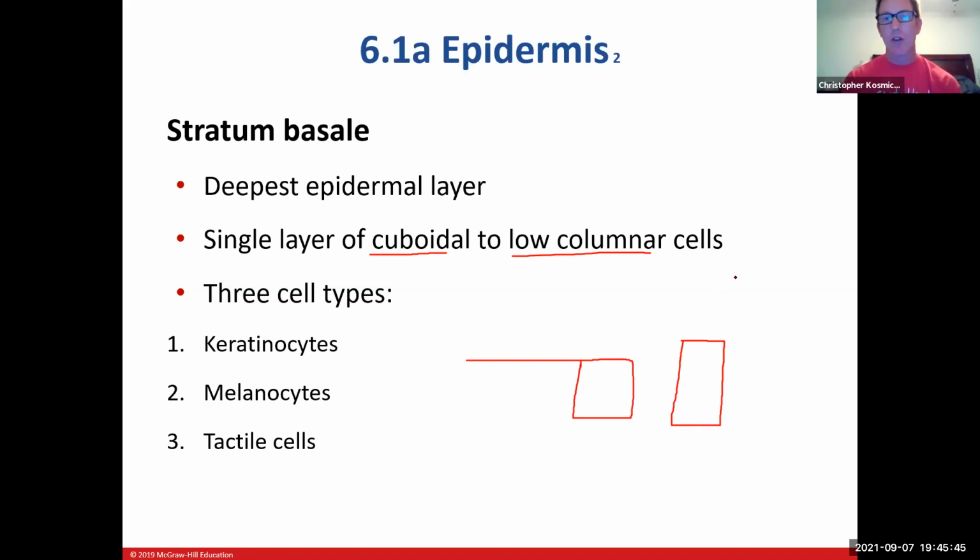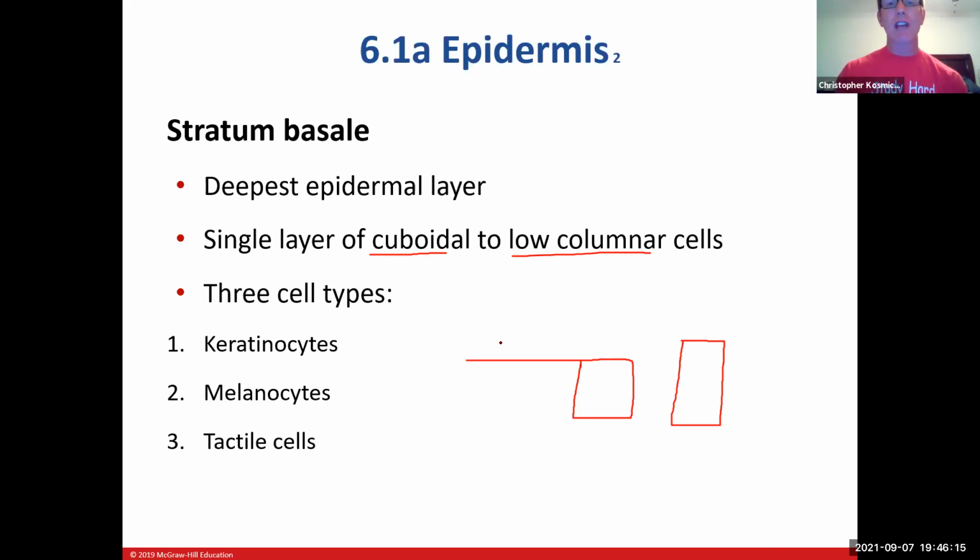When we're going to name the shape of the cell, when we're classifying our epithelium, and if it's stratified epithelium, it's always the apical layer, the topmost layer. So even though in the stratum basale, the bottom layer, those cells will look cuboidal or low columnar, right? That epithelium is still squamous epithelium.